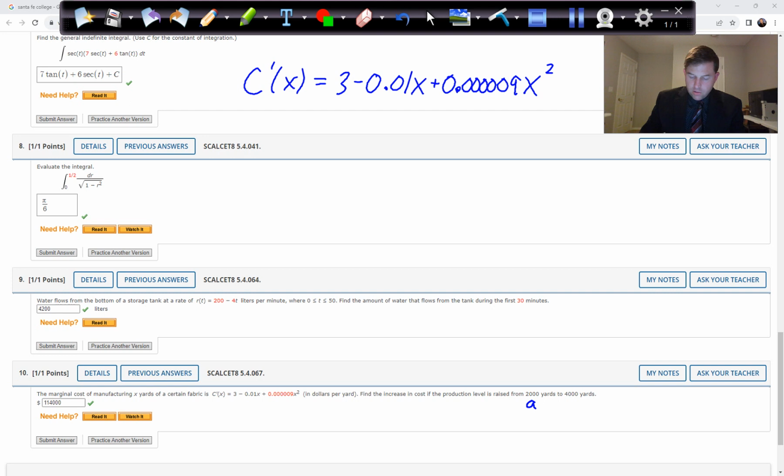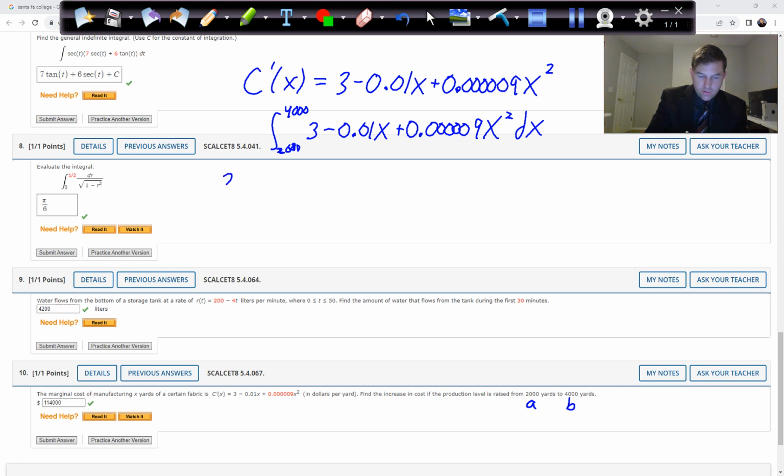So this is going to be our lower limit A, and this is going to be our upper limit B. So we're going to calculate from A to B, which is 2,000 yards to 4,000 yards, of this function. So we're taking the integral of this function with respect to yards of material used, 9x squared dx.